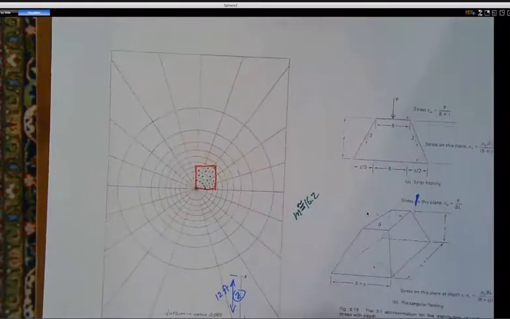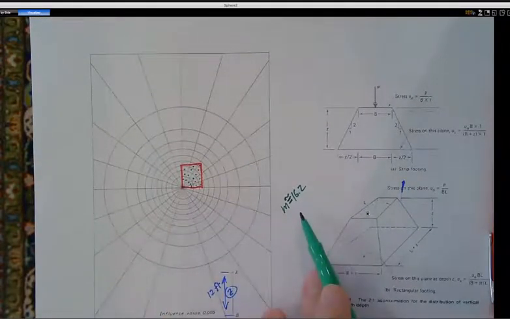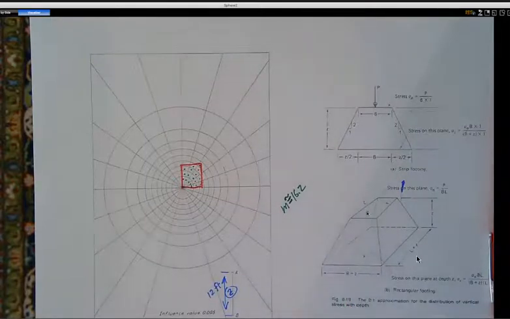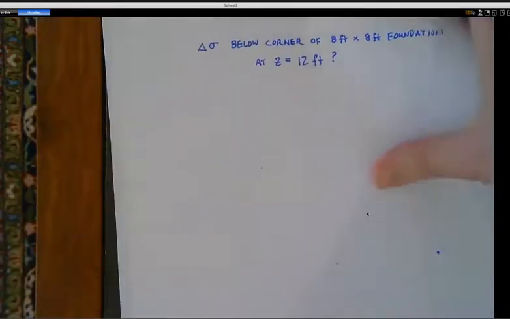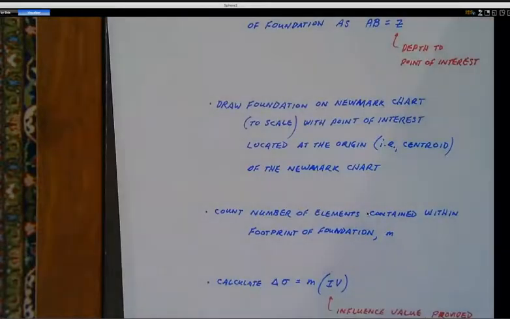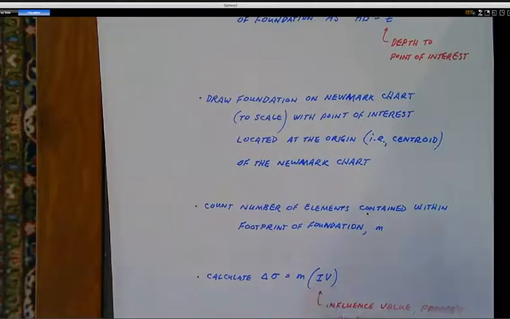Are there questions on drawing this out or coming up with that value, 16.2? Any concerns? Okay. At this stage, we are ready for that last step of the calculation, which is delta sigma is M times IV.